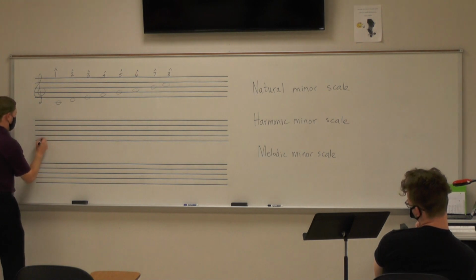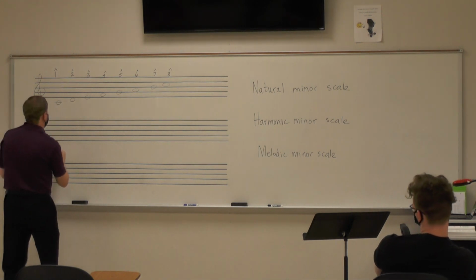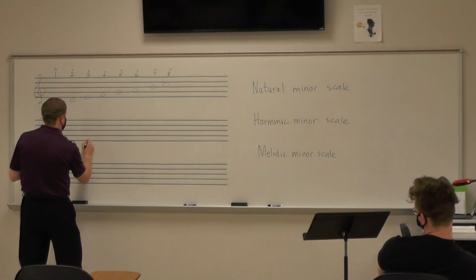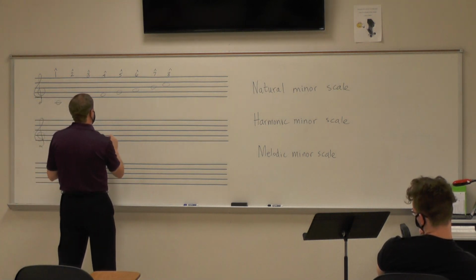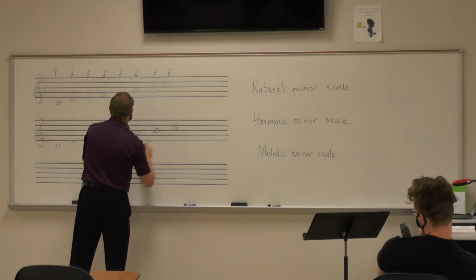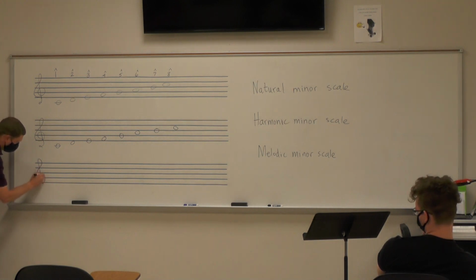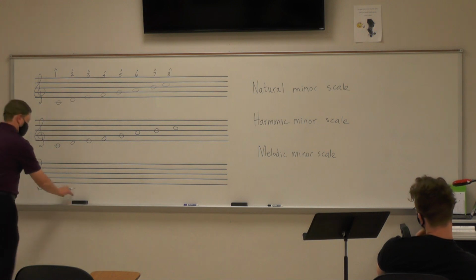And then let's do another C major scale. See if I can line these up relatively close. And by the way, it'll be good to have this in your notes when I'm done creating all the versions of the minor scale.